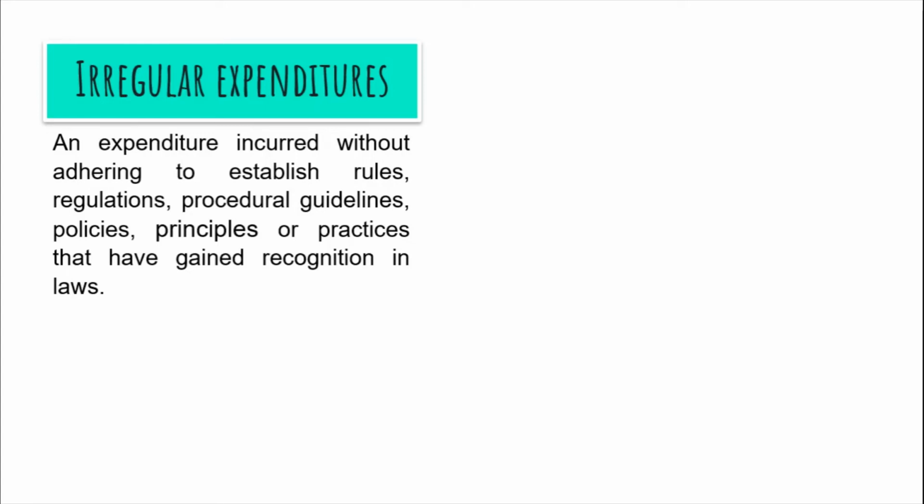So, ibig sabihin, if it's contrary to the rules and regulations of the government, then it becomes irregular expenditures. So, these expenditures are transactions conducted in a manner that deviates or violates or did not comply with the government standard being set, then it becomes irregular expenditures.